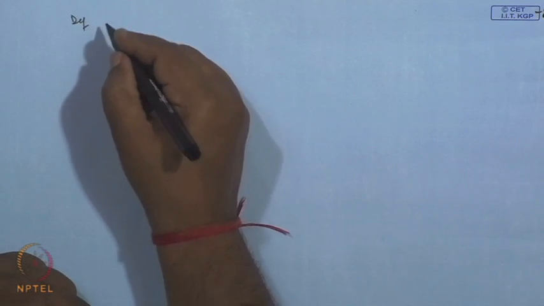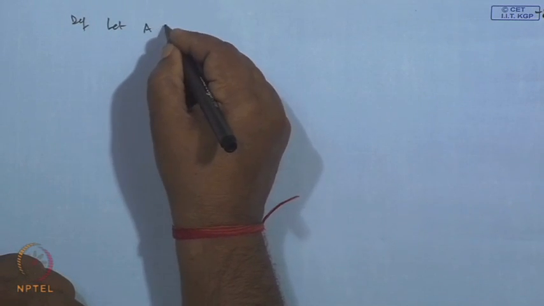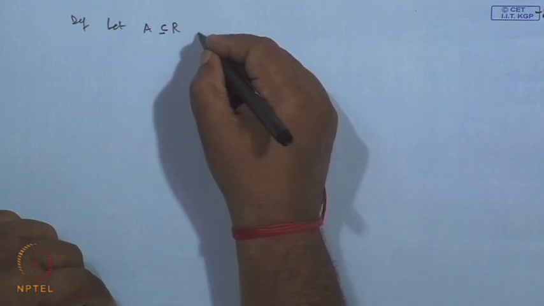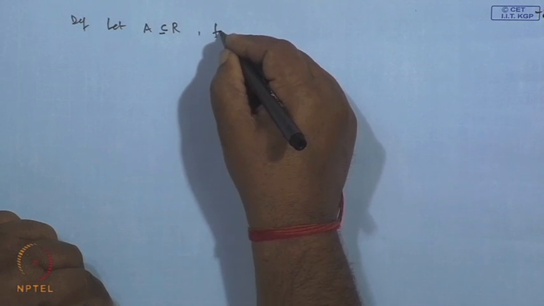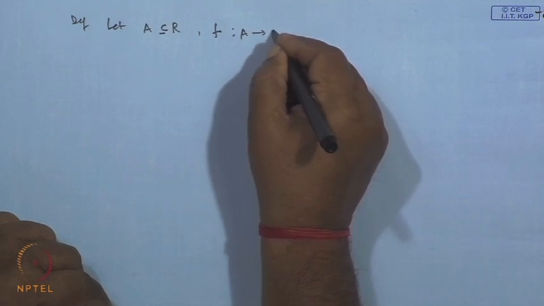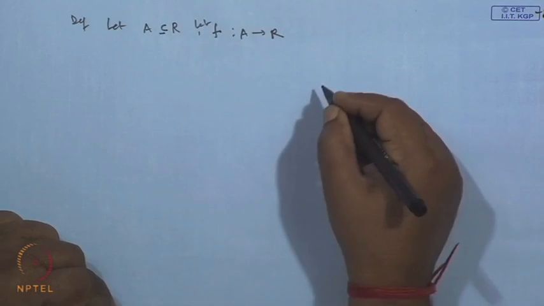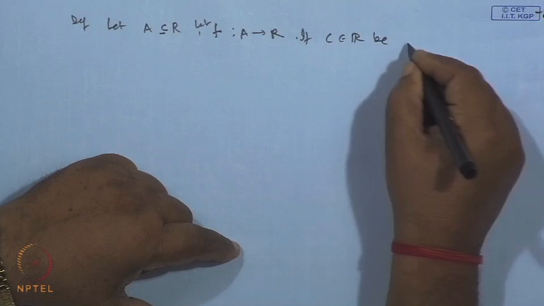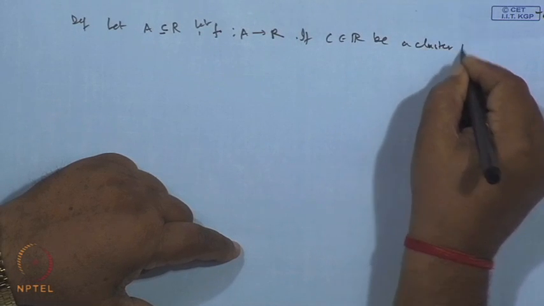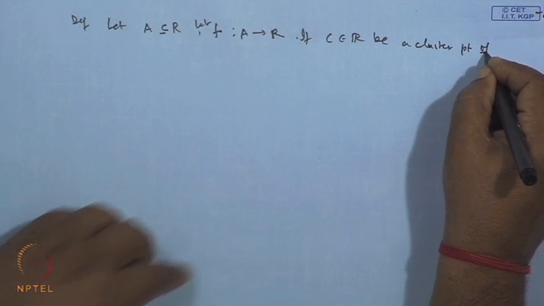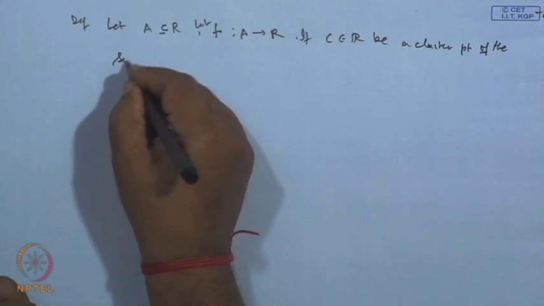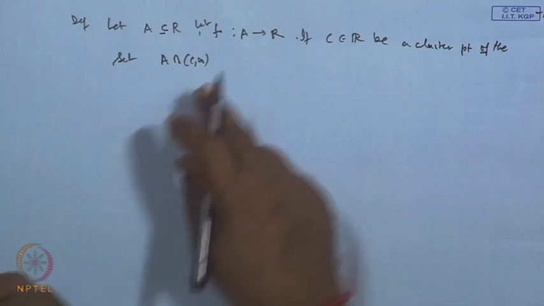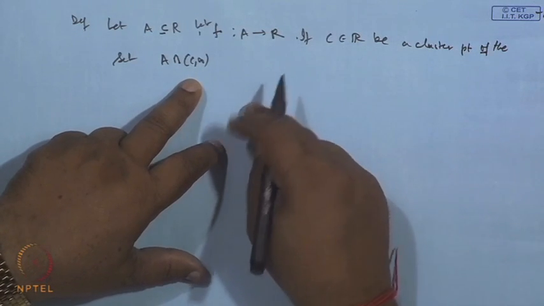Definition: let A, which is a subset of R, and let f be a mapping from A to R, and let c belongs to R be a cluster point of the set A intersection (c, infinity). That is the left hand limit and right hand limit. We are giving the concept here.